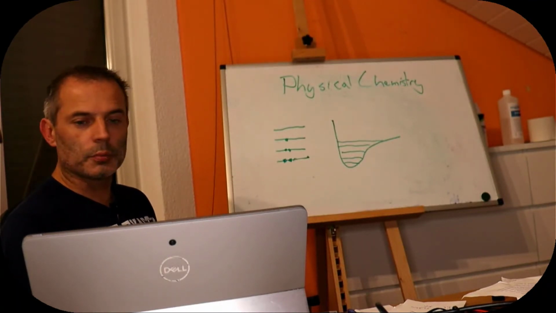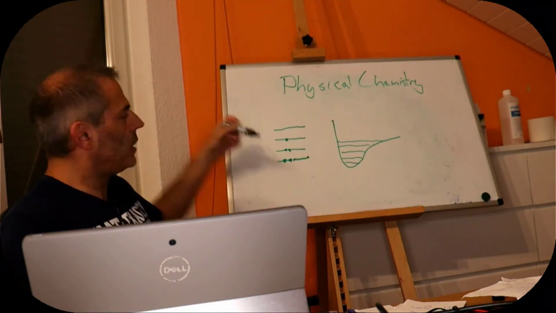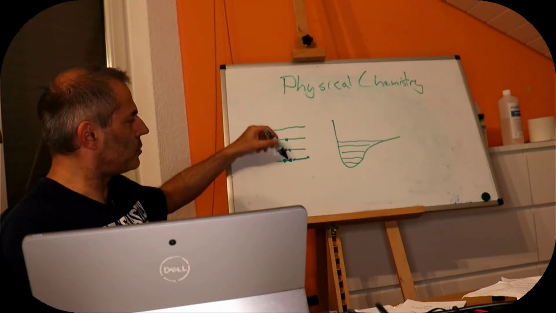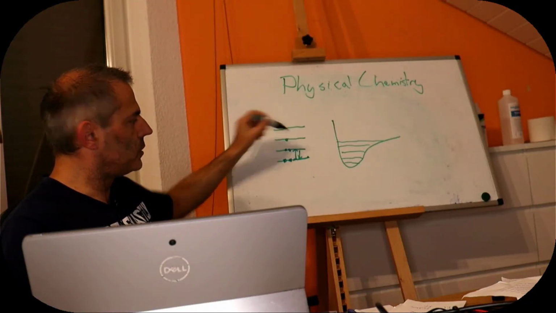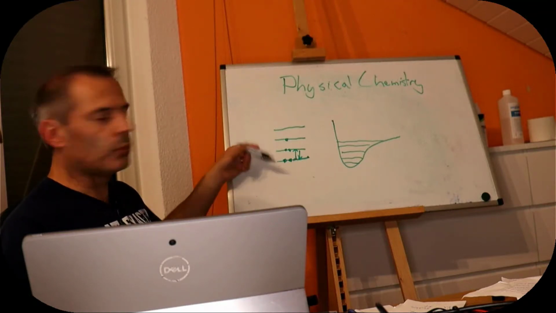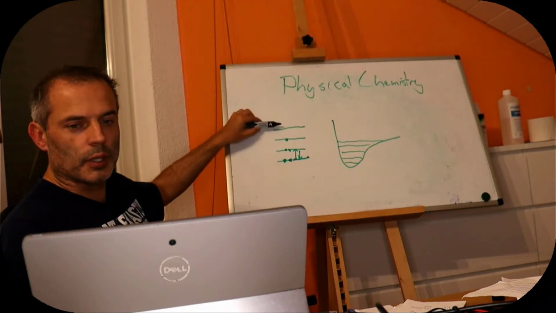This is an important principle because it tells us something very useful. That means that if we heat it up, we're always going to have some down here. So if we're trying to do our spectroscopy, we can always do this transition between the ground state and the first excited state, even if we're at very high temperature. Because as it goes on, we go up and up and up.